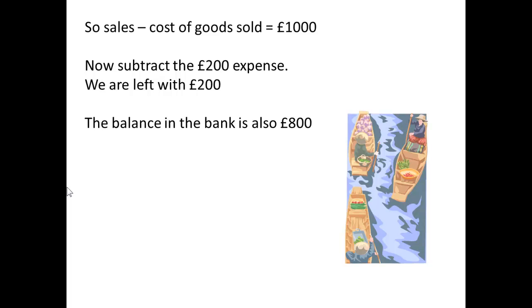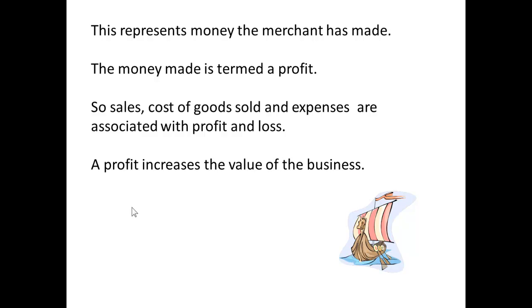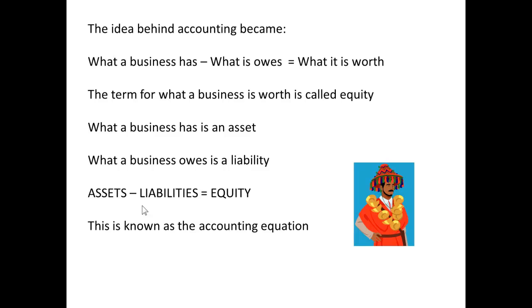Now we take the £200 expense and we are left with £800, and so the balance in the bank is £800. So that represents money that the merchant has made. So the money made is termed the profit. So sales, cost of goods sold and expenses are associated with profit and loss. And a profit increases the value of a business.